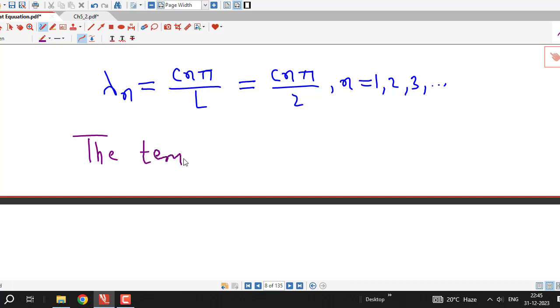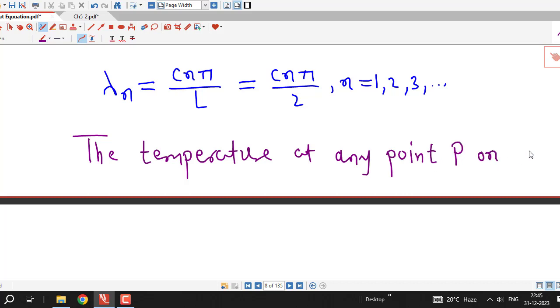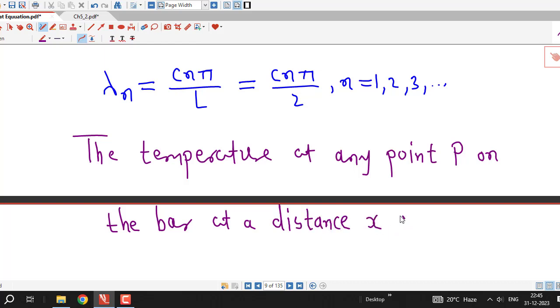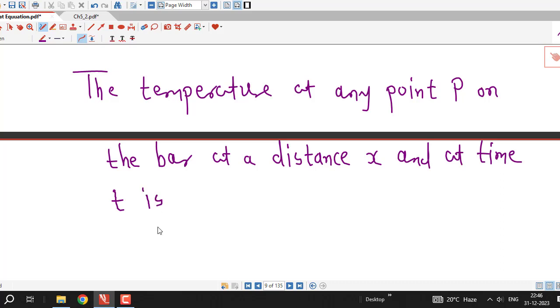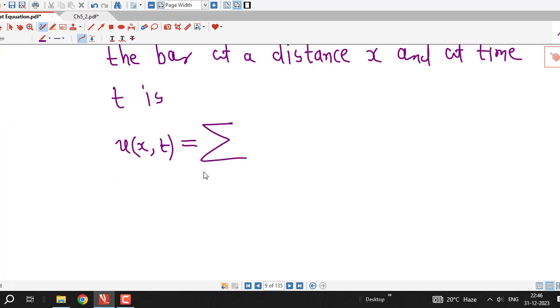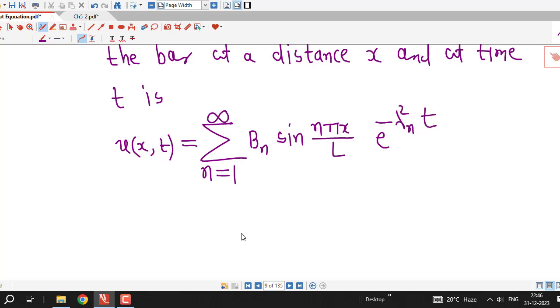So the temperature at any point P on the bar, which is at a distance x and at time t, is u(x,t) equal to, and this formula is easy to remember, the sum from n equal to 1 to infinity of Bn sin(nπx/L) e to the power minus λn² times t.